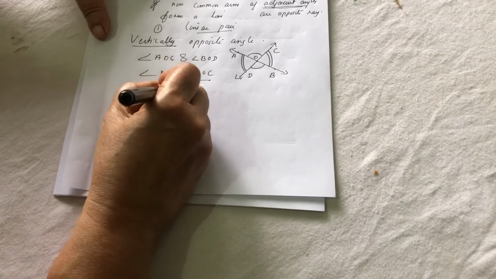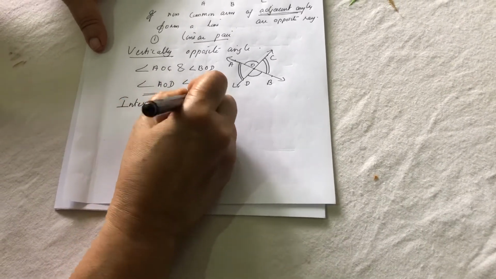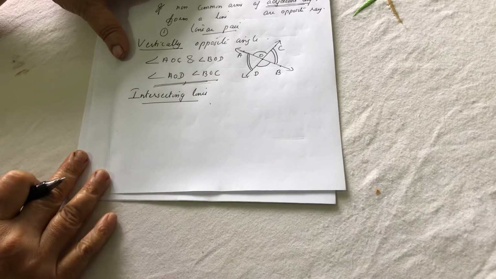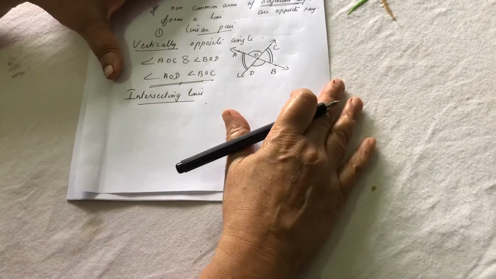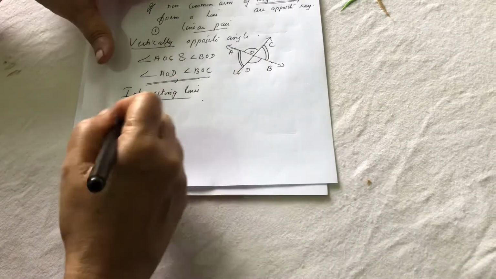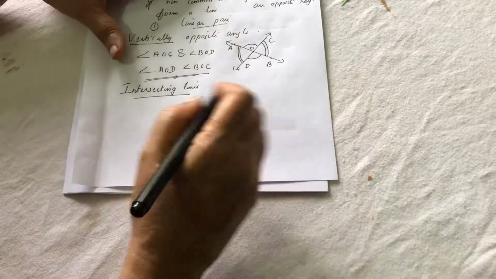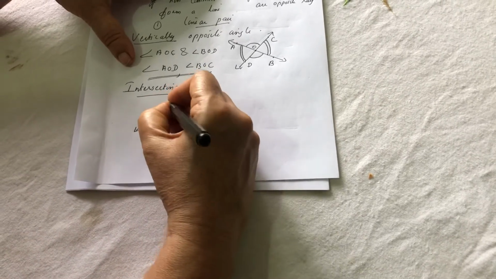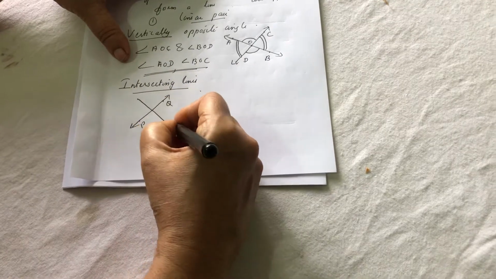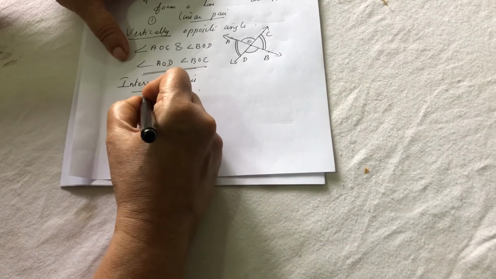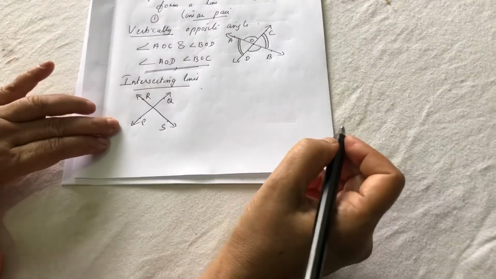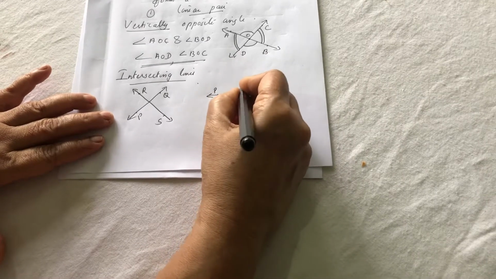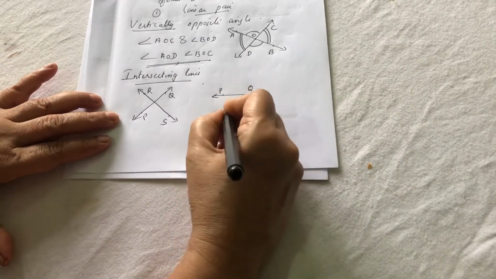Now intersecting lines. Take two different lines, PQ and RS. How can you draw two different lines in a plane? There are two ways. Suppose this is a line PQ, and another line is RS. You can draw in this way. Another way of drawing two different lines is this: this is line PQ, this is line RS.